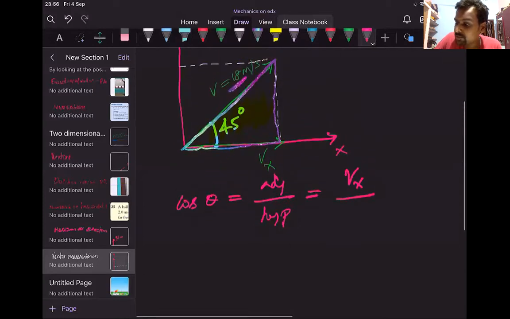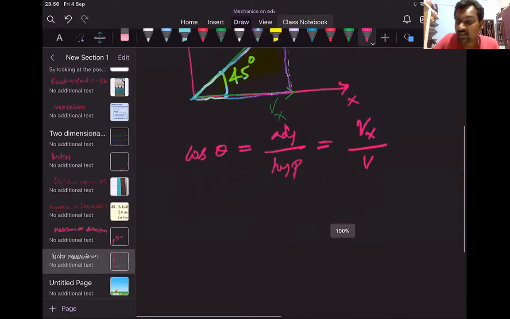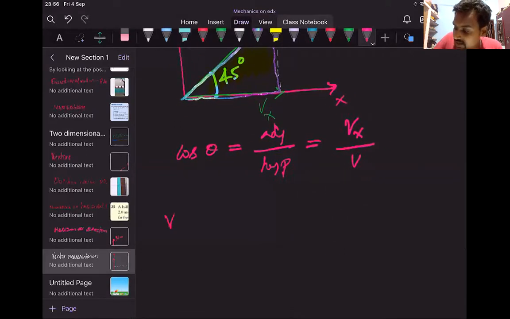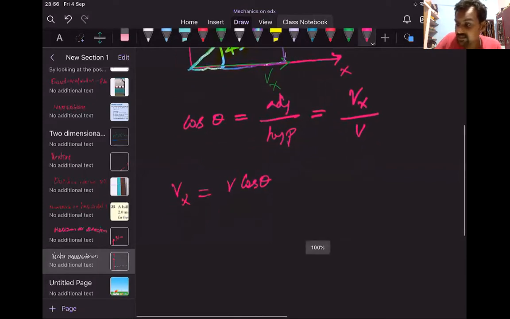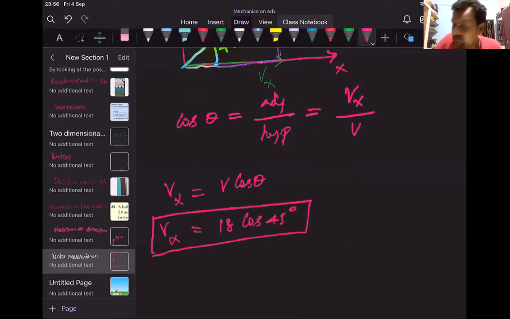And the hypotenuse, in general, can be called V, the resultant velocity. I'm just going with the general term so that we can generalize it. So Vx then becomes V cos theta. In this case, very specifically, Vx is at time t is equal to 0. Don't forget that. It's 18 cos 45 degrees. That's the horizontal velocity of the cannonball at time t is equal to 0.